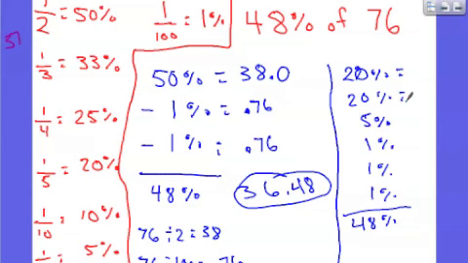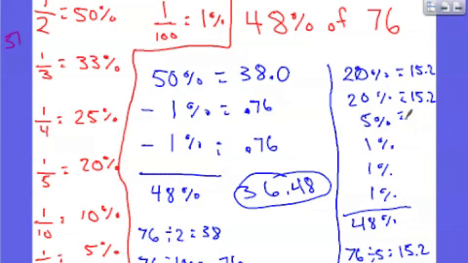So now let's figure this out. 20%, so these two are going to be the same thing. If my number is 76, that's my 100%, and 20% is going to be 1/5 of that. So I need to divide by 5. 76 divided by 5 is 15.2, or 15 2/10. I'll write that here, 15 2/10, and then here, 15 2/10.